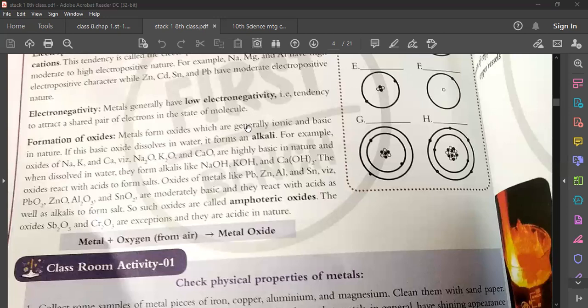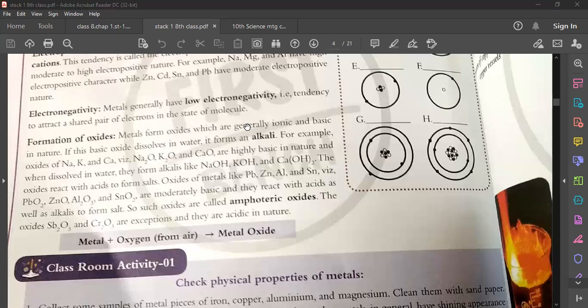Because the first group elements react with the oxygen and form basic oxides, right? Metal oxides are basic in nature, and again, those metal oxides will dissolve in the water. Suppose we take sodium. Sodium reacts with the oxygen to form sodium oxide. Again, if you dissolve the sodium oxide in the water, it will form sodium hydroxide. Understanding?